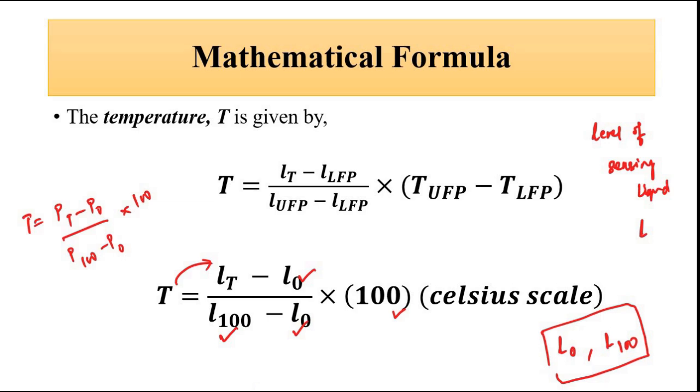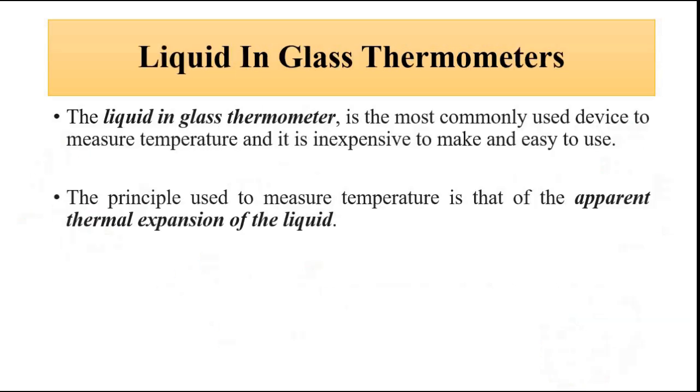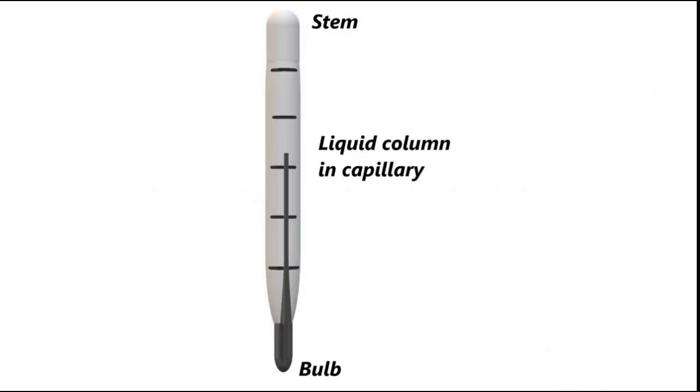In that case the main sensing parameter was the pressure of the gas, in this case it is the level of the sensing liquid. So the basic format of the formula is the same, just the parameter under observation is different. Everything else is the same. So this is the general operating principle of liquid in glass thermometers.